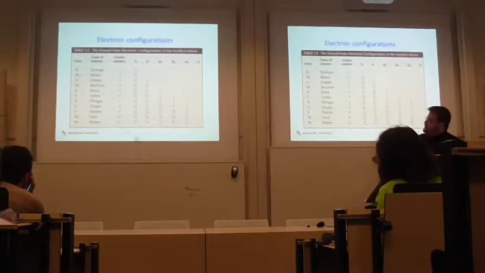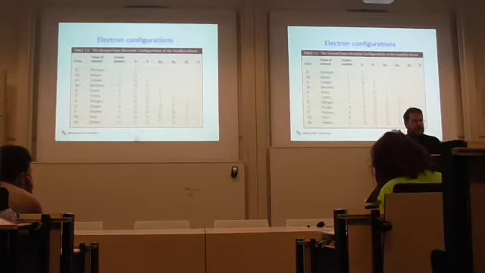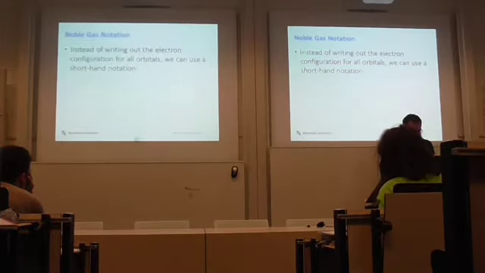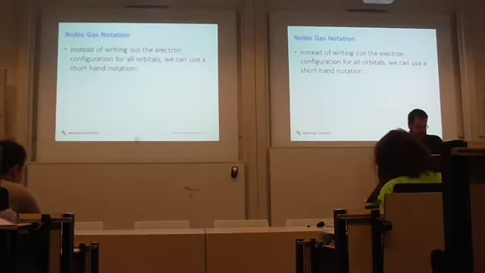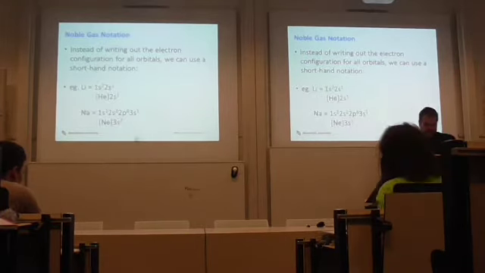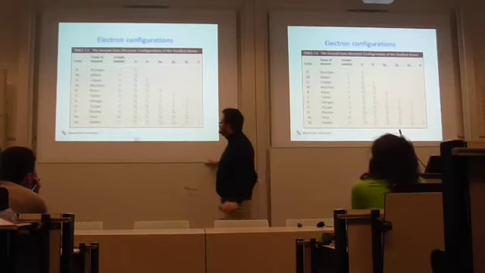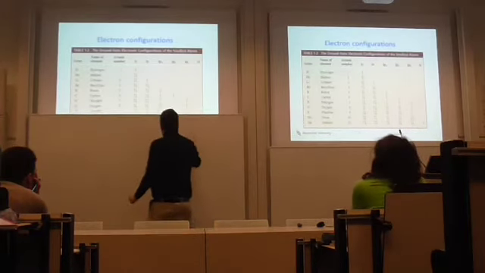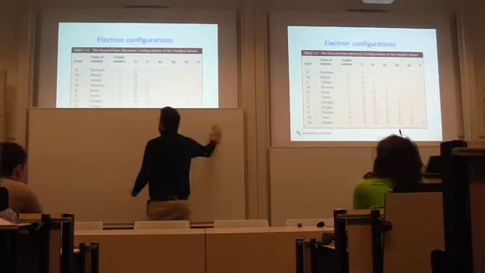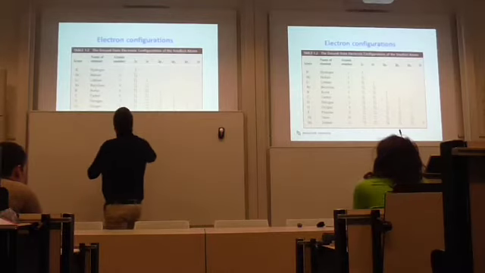So the electron configuration for hydrogen would be 1s1, meaning that there's 1 electron in that orbital. Let's look at how we can write this down, taking boron, for example. You see the Aufbau diagram for it over there.